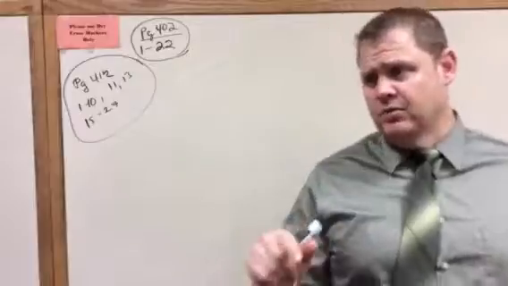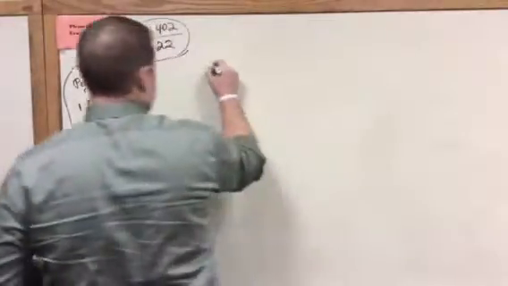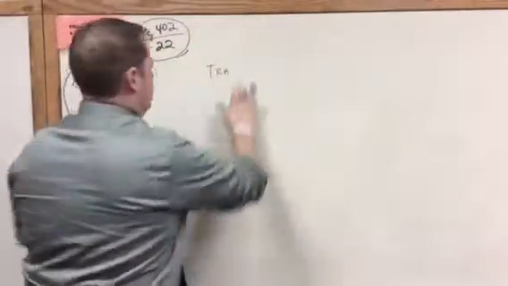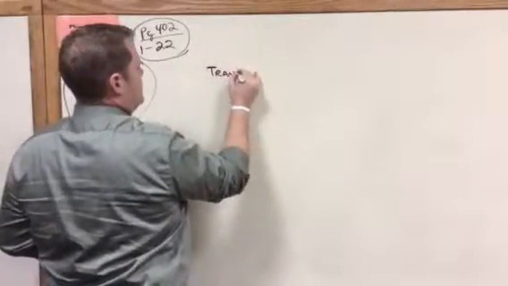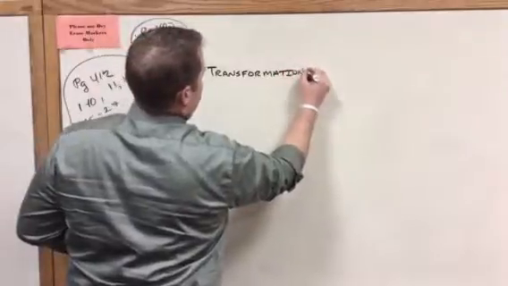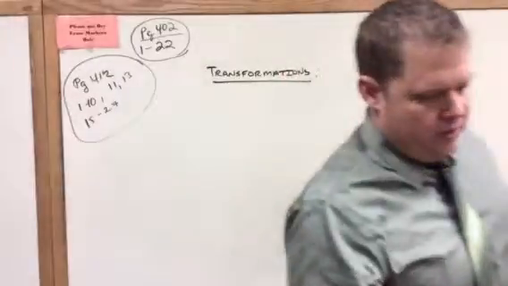This chapter entails what is called transformations. So the title of this chapter is transformations. So what's a transformation? All right, that marker is not going to work for us, is it? All right, transformation. There we go. Transformations. Now, we have all heard of transformers. Well, what's a transformer?